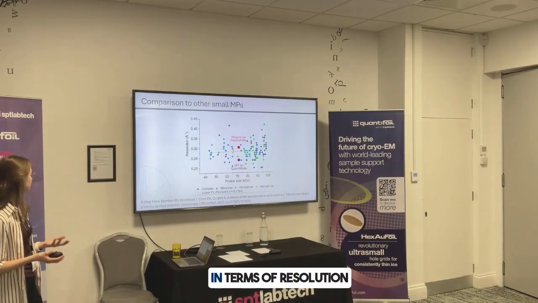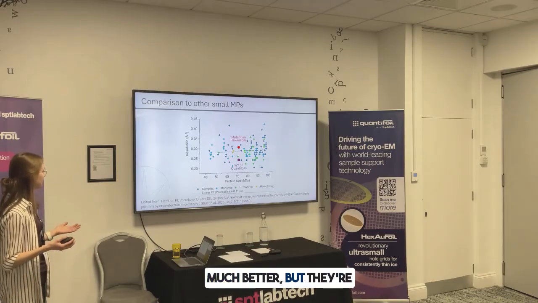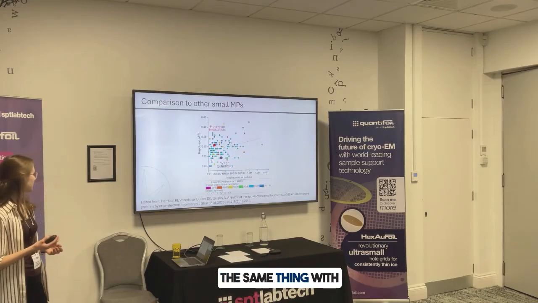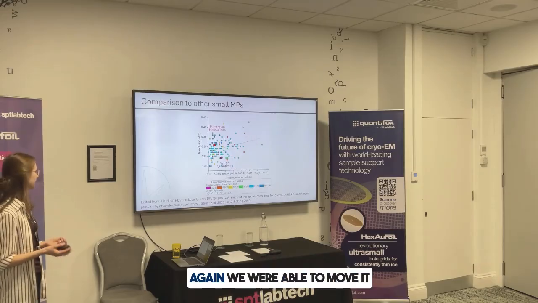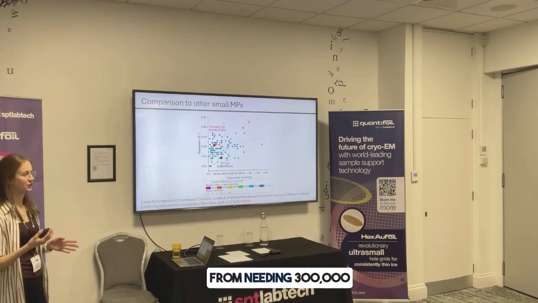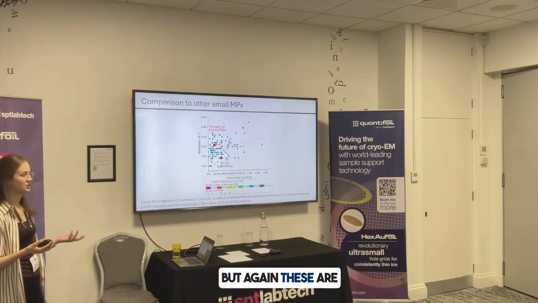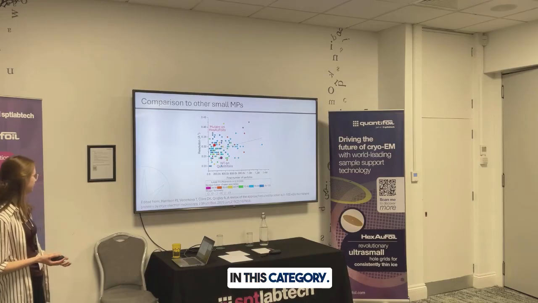In terms of resolution, the HexAuFoil grids are doing much better, but they're not above the average. The same with the number of final particles in the map. Again, we were able to move from needing 300,000 to just above 100,000, but these are very standard numbers for membrane proteins in this category.